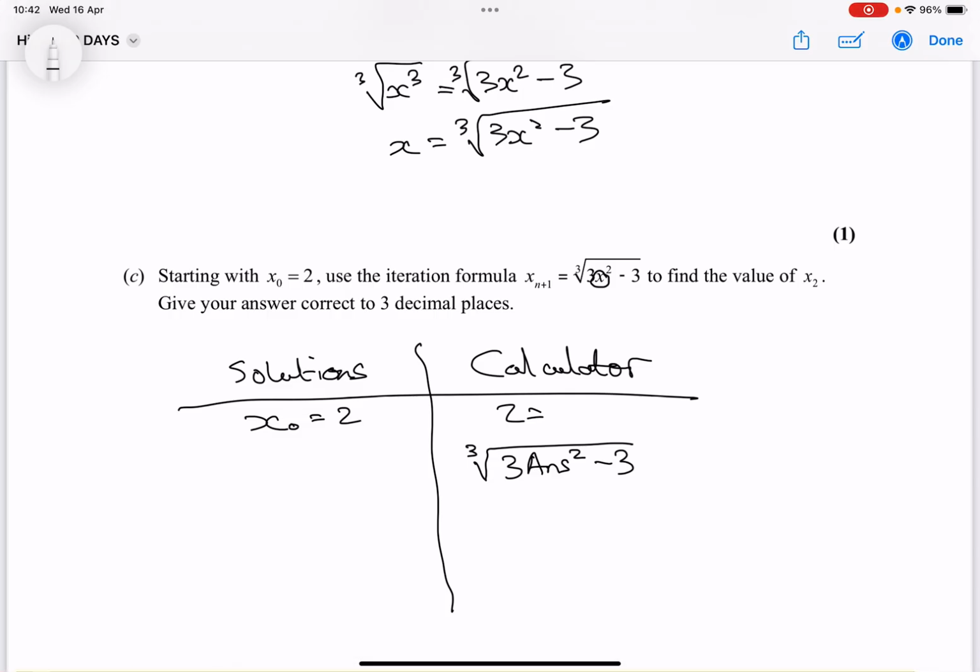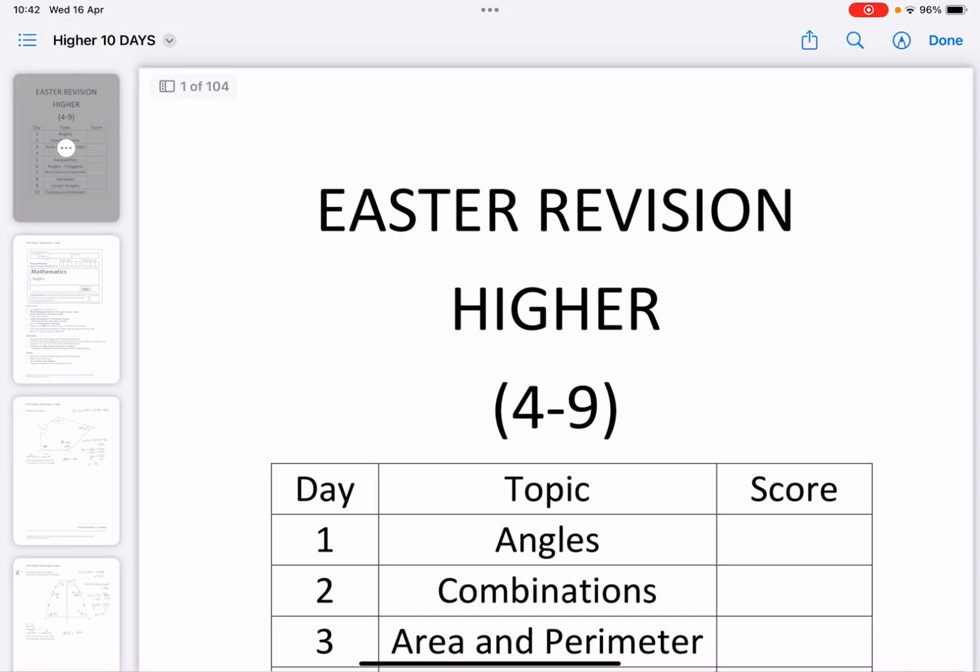So 2 equals, then find the cube root of 3 Ans squared, take 3. This is really showing that you can use the calculator. 2.080083.